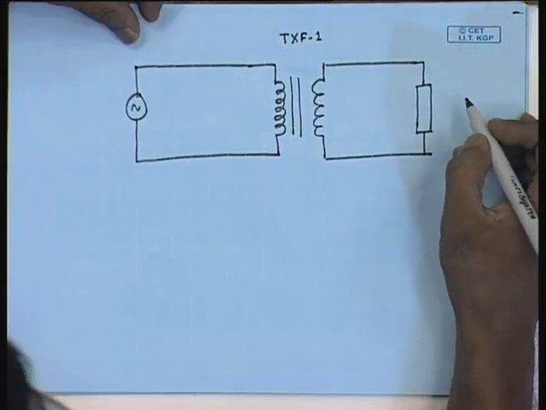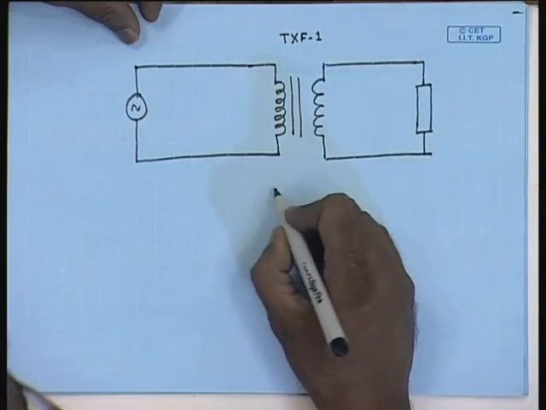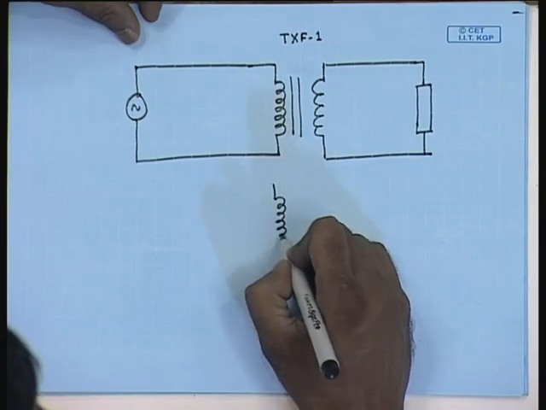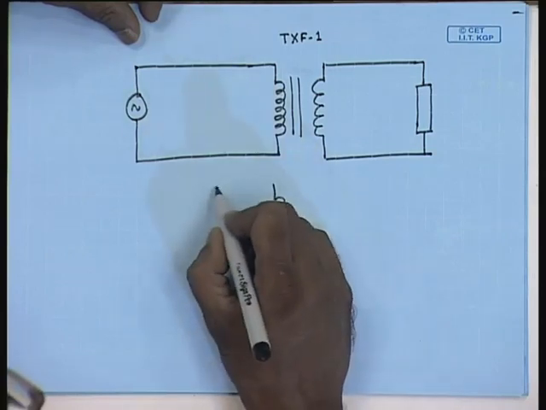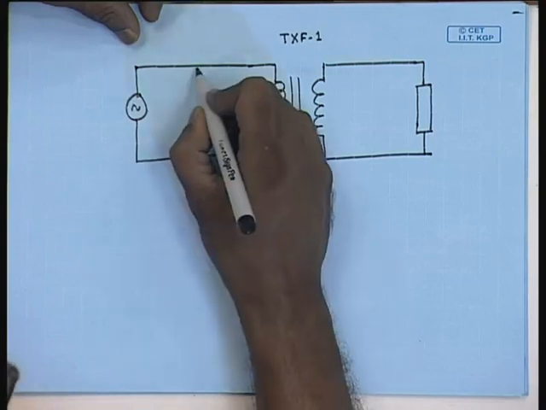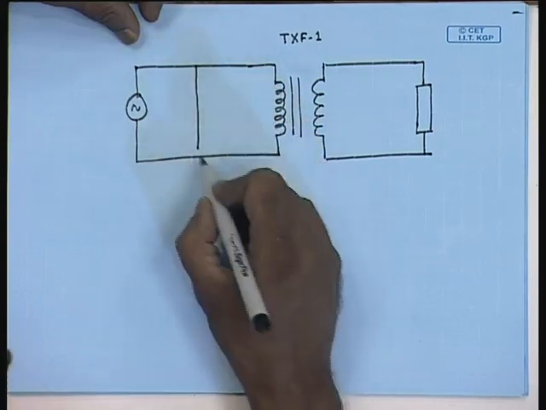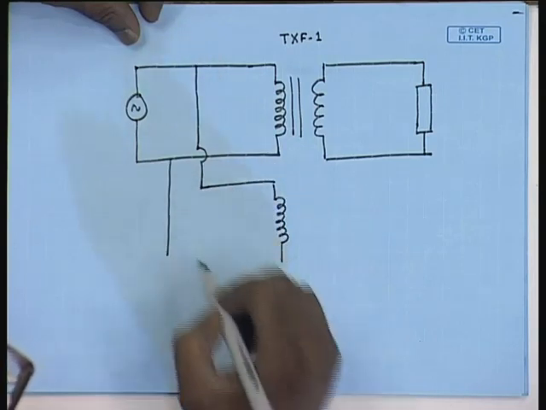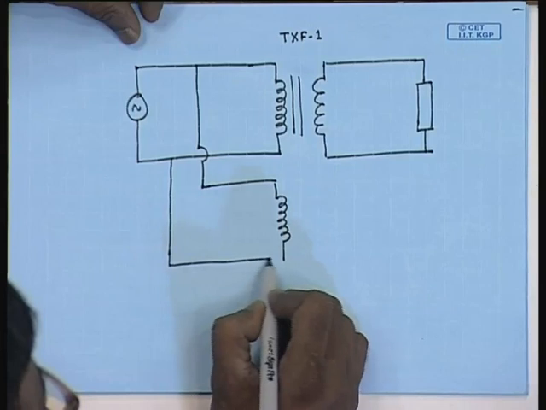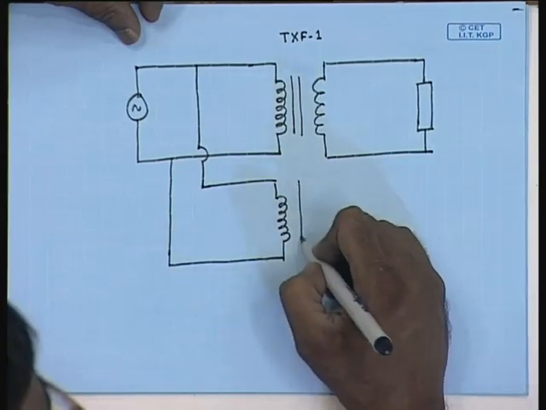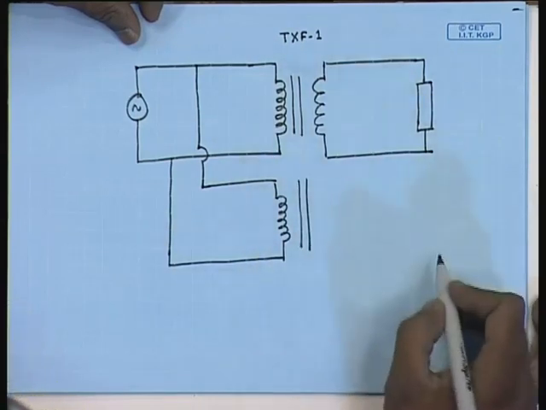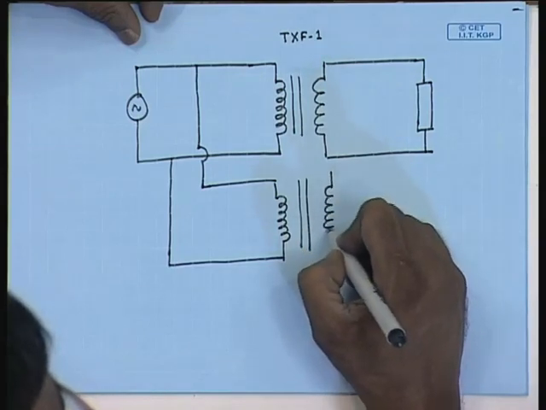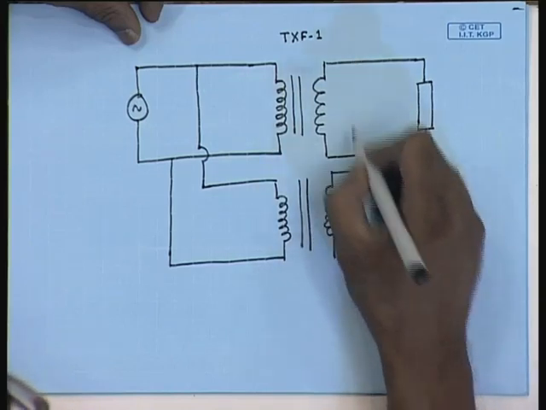If I want to connect another transformer in parallel to this, the primaries of the two transformers will be connected in parallel to the source side. Also the secondaries.